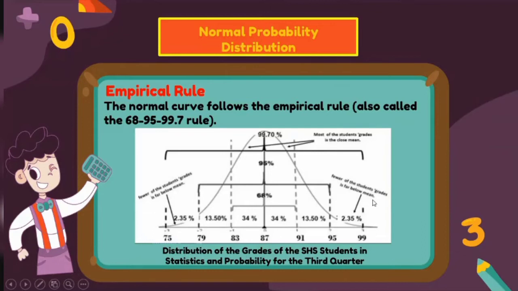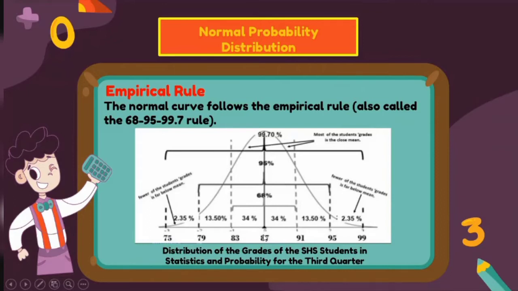The same thing on the other side, right? Based on our property for the normal curve, the left side is also the same in terms of region as the right side. So you have the scores 87, 91, 95, and then 99. For the right side, you have to add the value of the standard deviation.